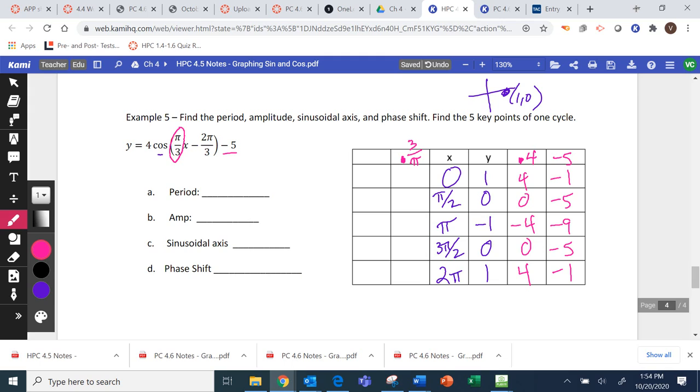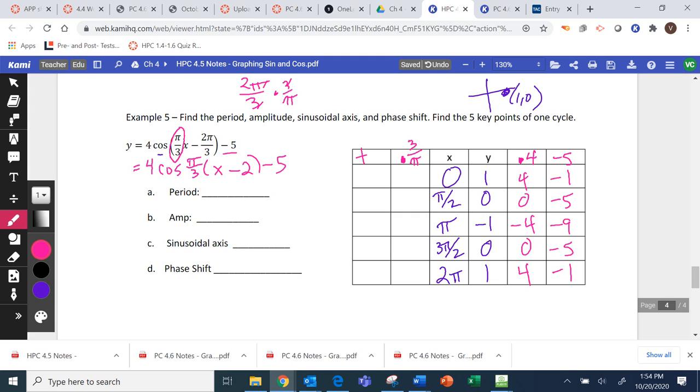Now, I do need to factor that out to find the next column. So 4 cosine pi over 3, parenthesis, x minus. If I take 2 pi over 3, and instead of dividing by pi over 3, I multiply by 3 over pi, I get 2.